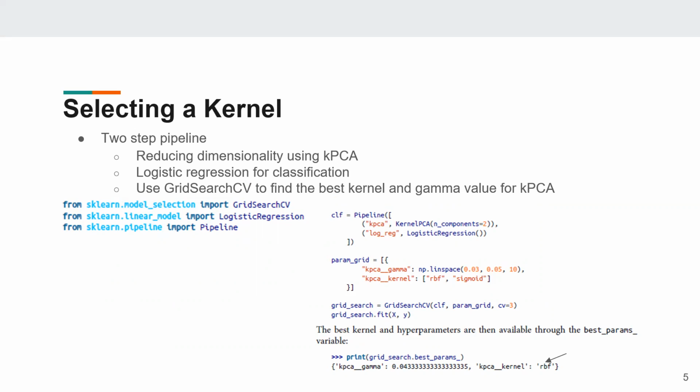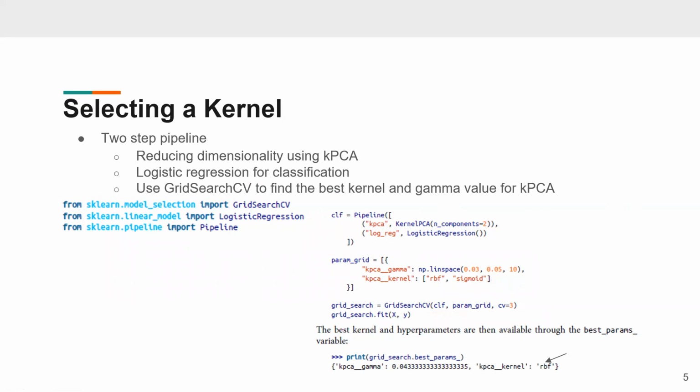So in this pipeline, you do kernel PCA, and then you do logistic regression. Your kernel PCA is still a dimensionality reduction approach, so that once you have the reduced dimension data, you are able to leverage logistic regression to do the classification.